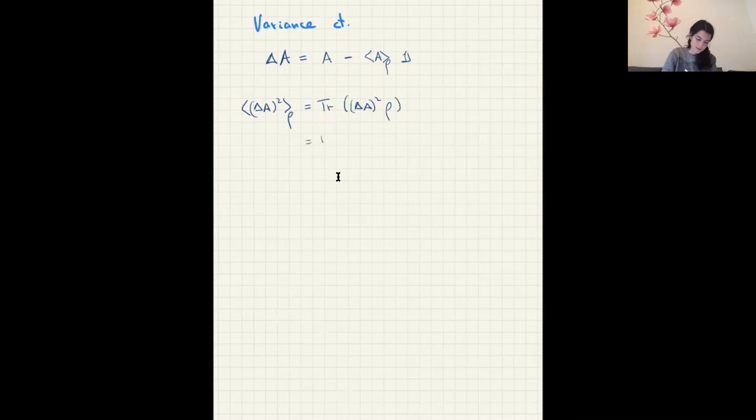And that's the trace of A squared minus 2, this average, which is a number, and then A. You can have the identity here, but that's nothing. Plus the average squared, rho.